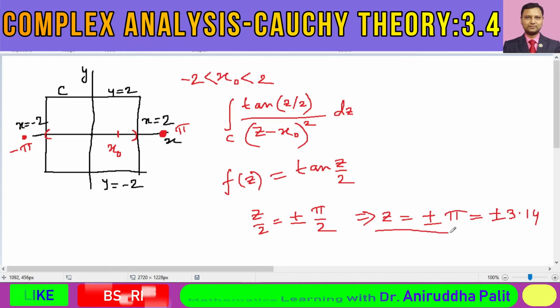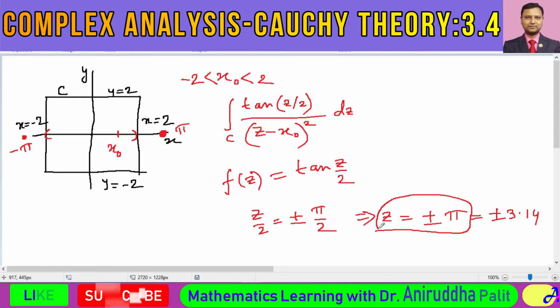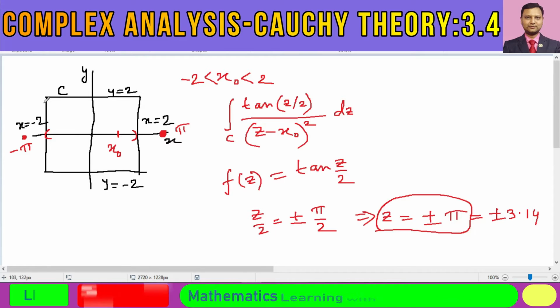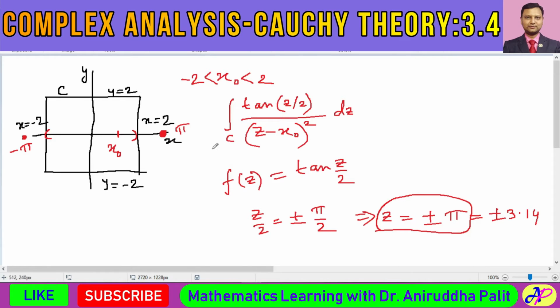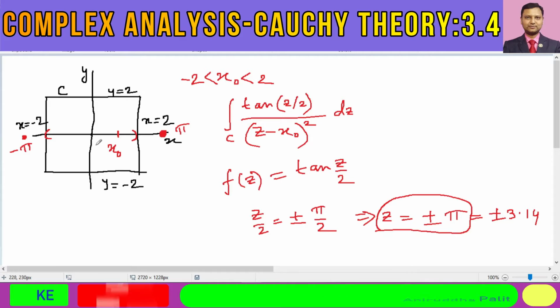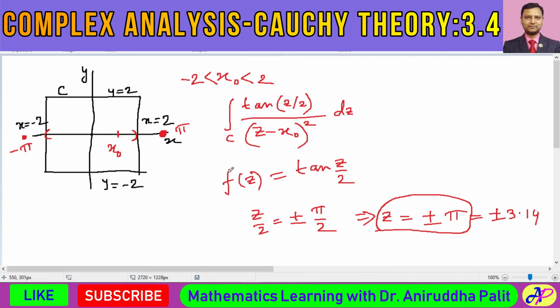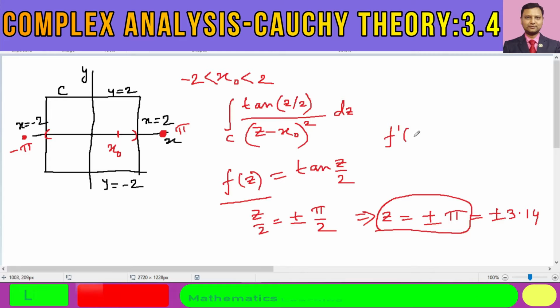These 2 points, z equal to plus or minus pi, lie outside this contour C, outside this closed region. So within and on this curve C, this function f of z is defined, and we can now further differentiate this function.